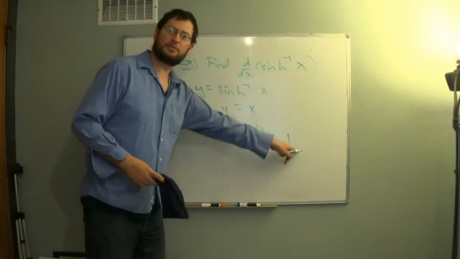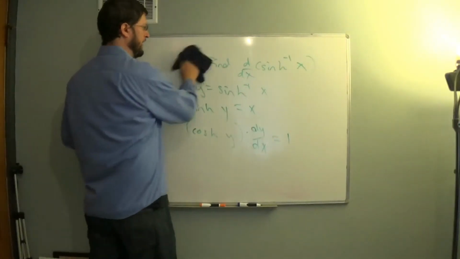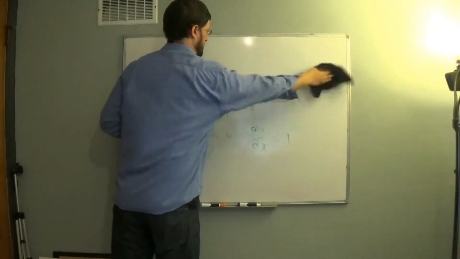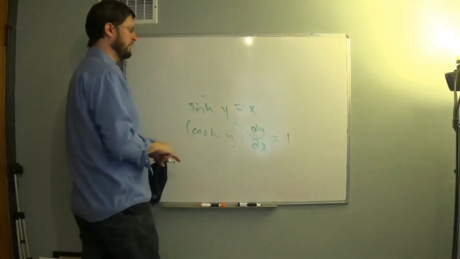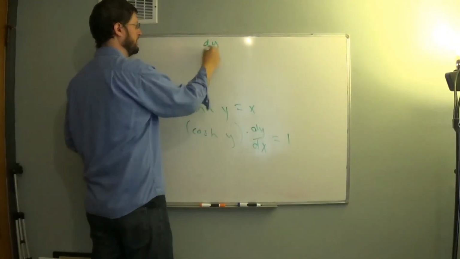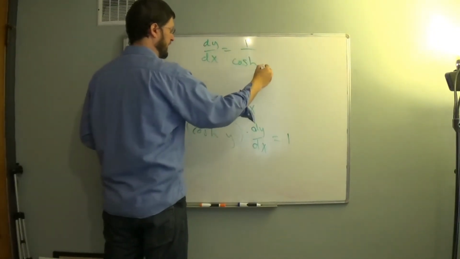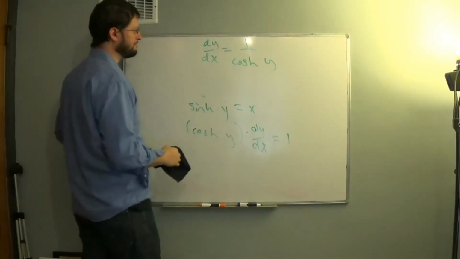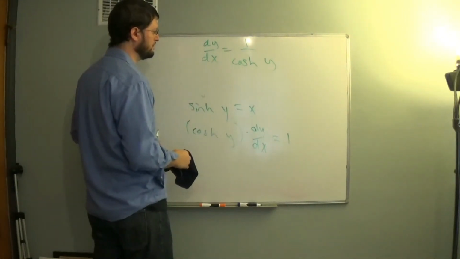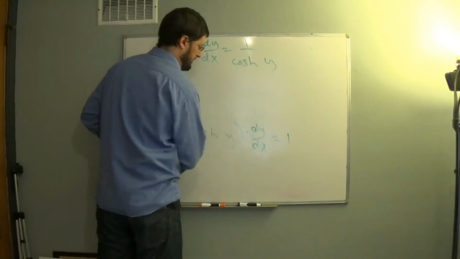So then we're going to bring this over to the right, and I get dy/dx is 1 over cosh y. All right, so far so good.